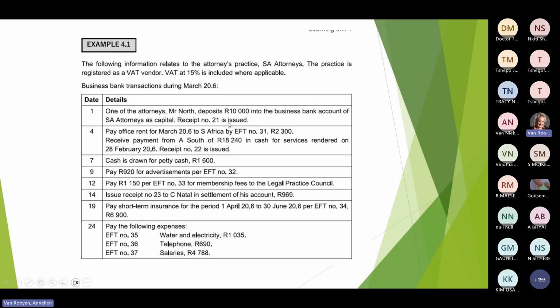Can I see by raise of hands who can remember how to calculate VAT? To determine the VAT amount in, for instance, advertising. Oh, there's quite a few. Chantal, can you tell us how we do it?